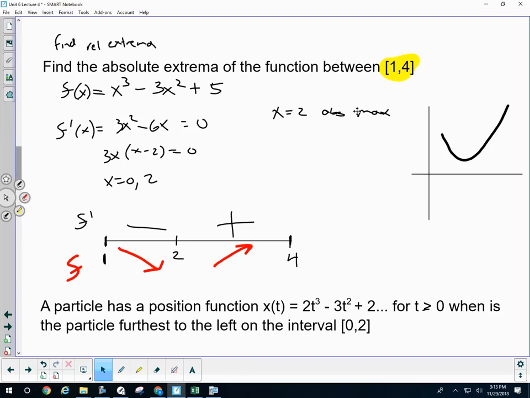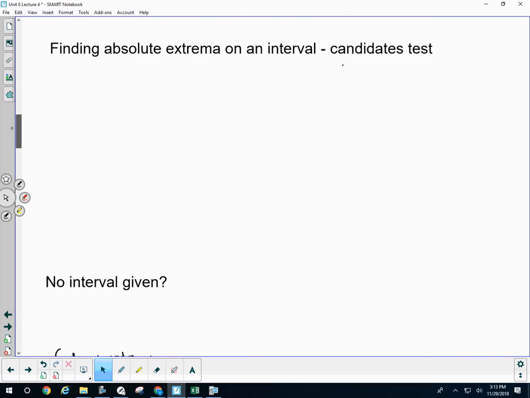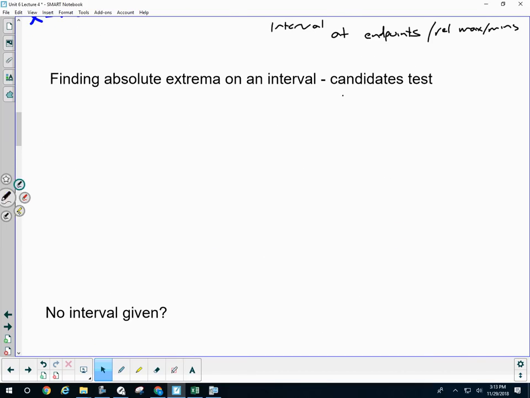We could tell whether 1 wins or 4 wins because I could plug 1 and 4 into this function. That, my friends, is called the candidates test. That's how we're going to determine absolute extrema on our interval. If after doing the number line analysis, or we could actually just do it and skip the number line analysis.